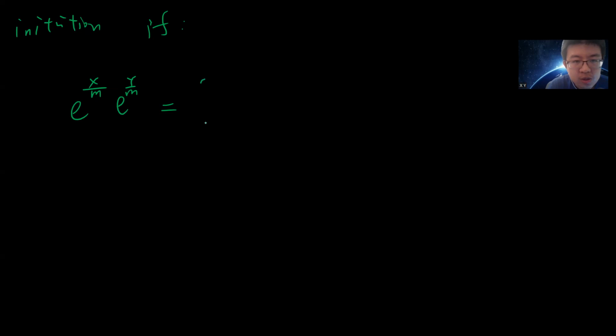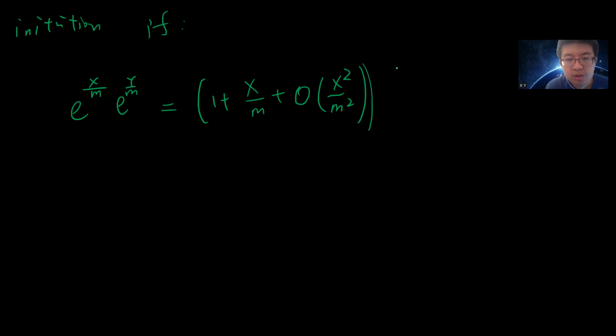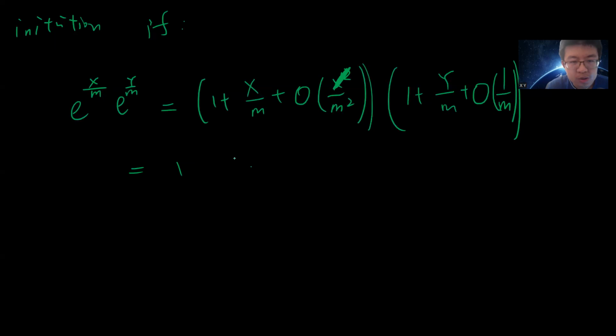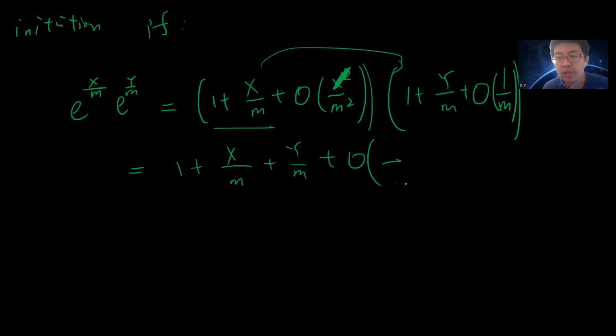So one idea is to write it like this: 1 plus 1 over m, plus big O of 1 over m squared. We don't care about this. Then we can collect it as 1, which makes the identity matrix, plus the first-order terms, and combine the rest of the terms into O of 1 over m squared.